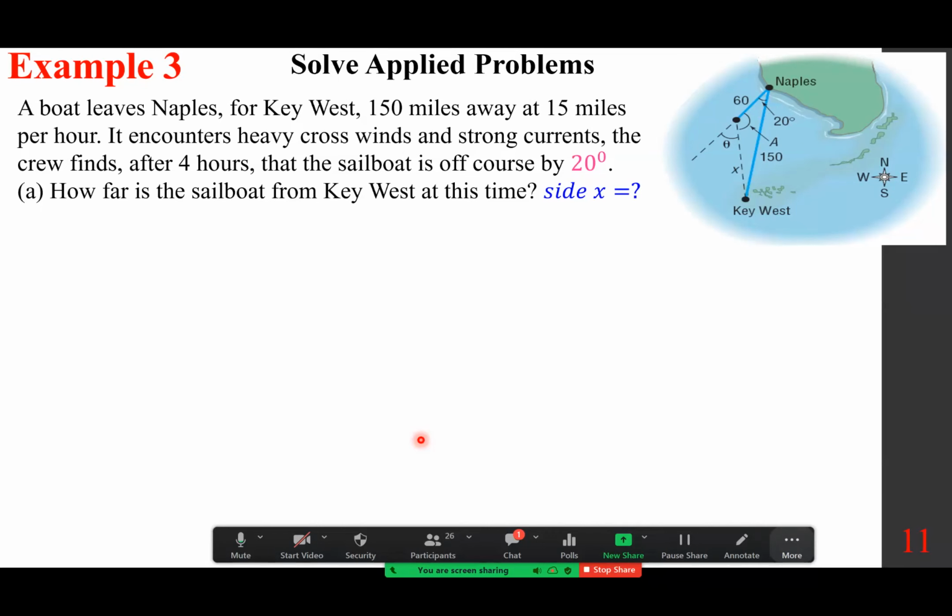Thank you so much. So we are moving in this direction, supposedly. A crosswind takes us in a different direction, which makes it 20 degrees off.